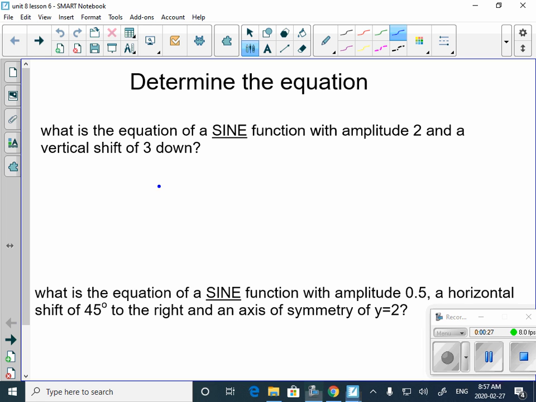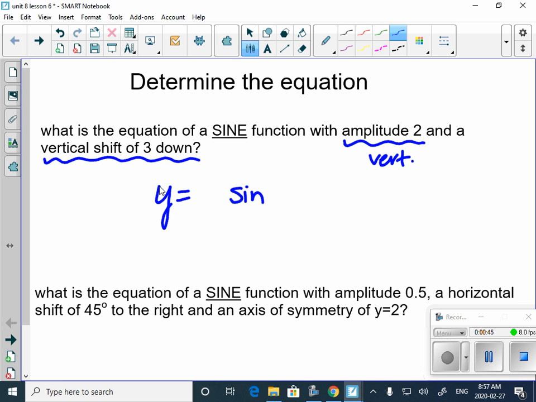So I can write y equals, leave a little space because we don't know what transformations yet. So it talks about an amplitude of 2 and a vertical shift of 3 down. An amplitude of 2 means that I have vertically stretched this by a factor of 2. So my A value is 2.